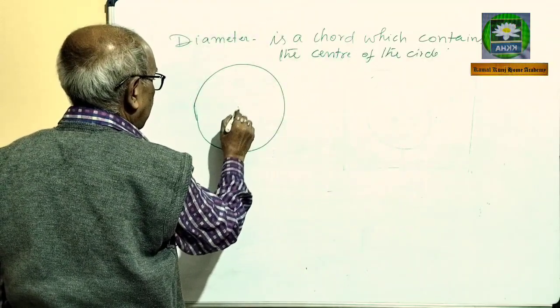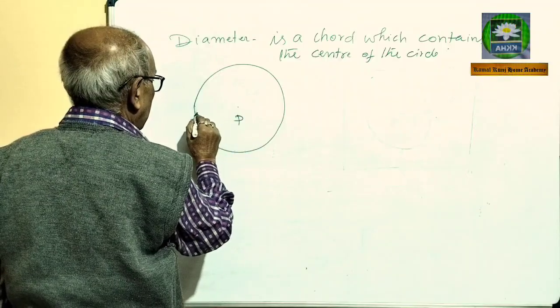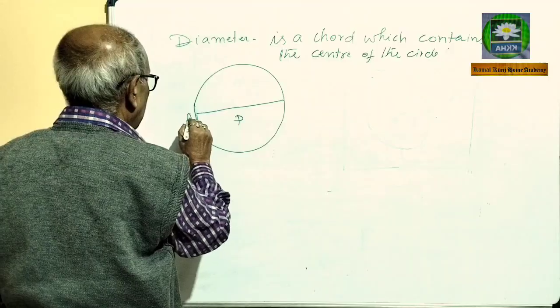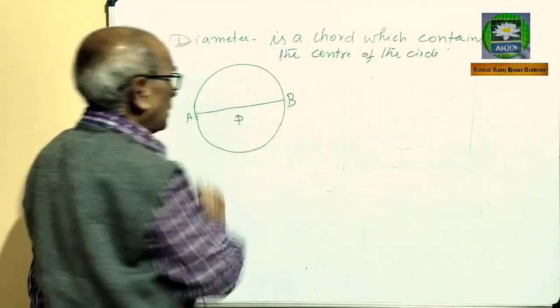Suppose this is the center P, then a chord passing through the center is called a diameter.